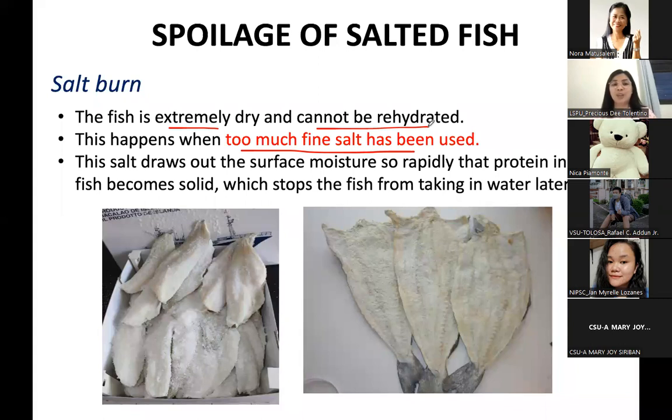Sobrang tigas. So this happens, itong salt burn, when the salt draws out the surface moisture so rapidly that protein in the fish becomes solid, which stops the fish from taking in water later on. So you have observed siguro yung mga nabibili from the market, di ba? Parang sinusok nila sa tubig.